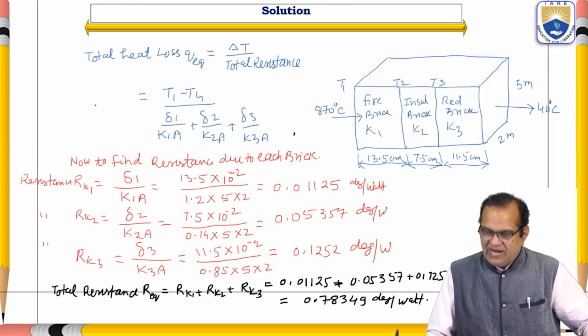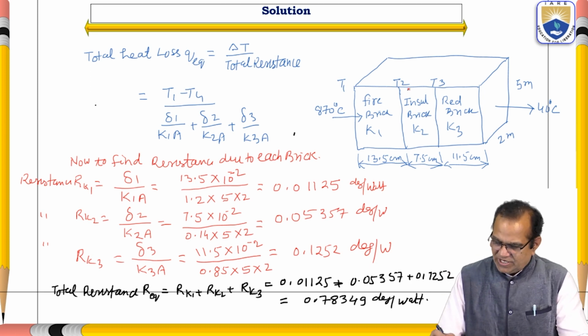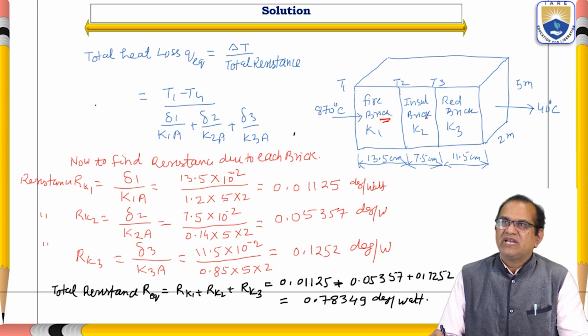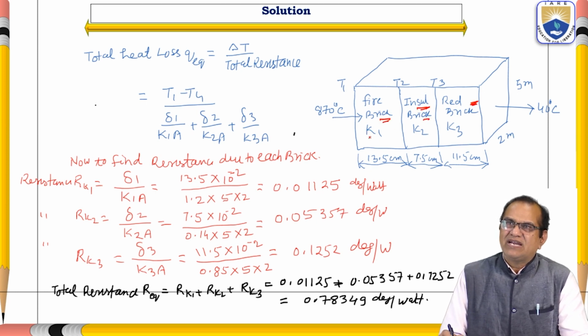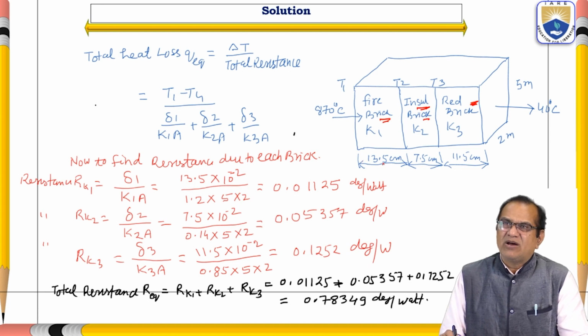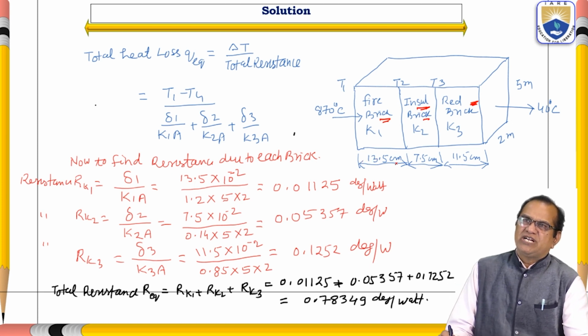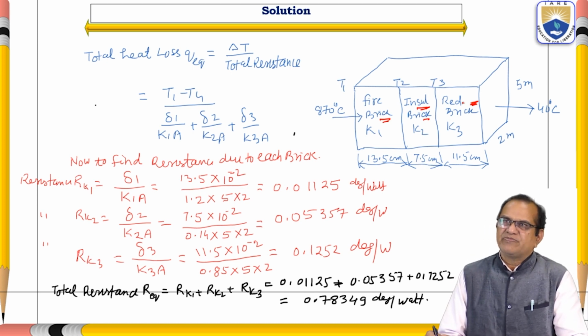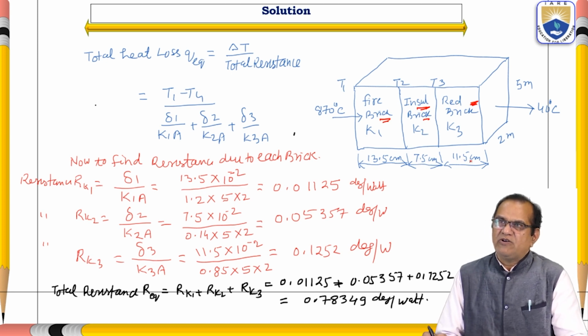First we have to draw the diagram. Here you can see this is the fire brick, this is the insulation brick, and this is the red brick. The length of the fire brick is 13.5 centimeter, the length of the insulating brick is 7.5 centimeter, and the red brick is 11.5 centimeter.